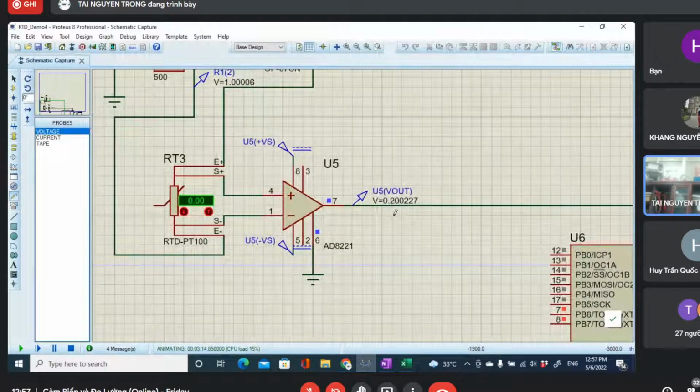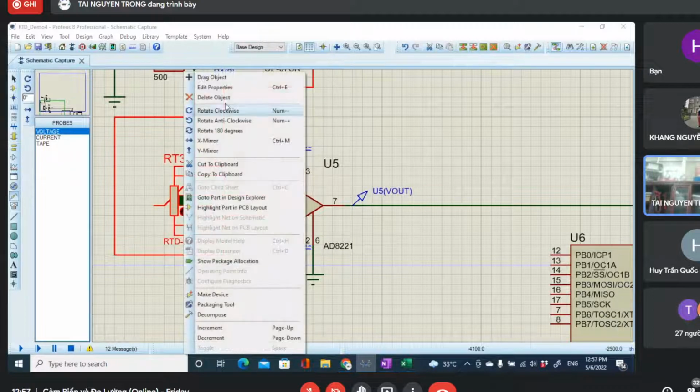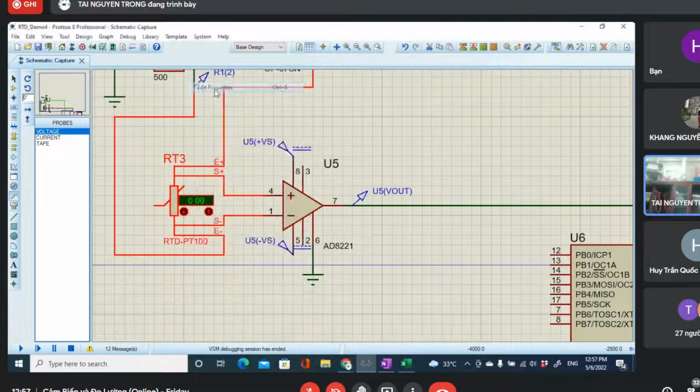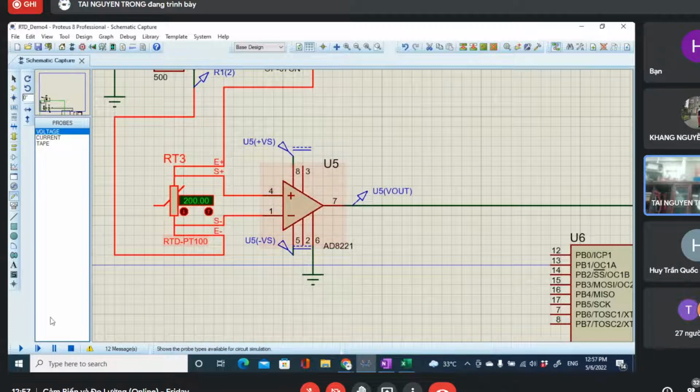Okay, in this case we can see at 0 centigrade degree the value of voltage is like this. Okay, and when we increase it to 200 centigrade degrees, then the value of current or the value of voltage we can check.